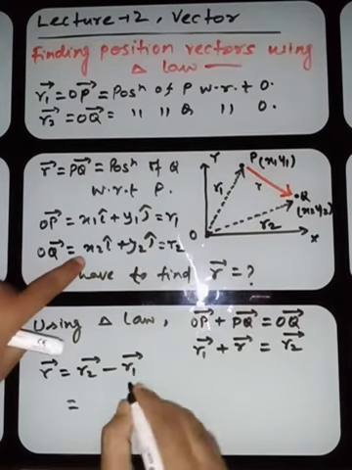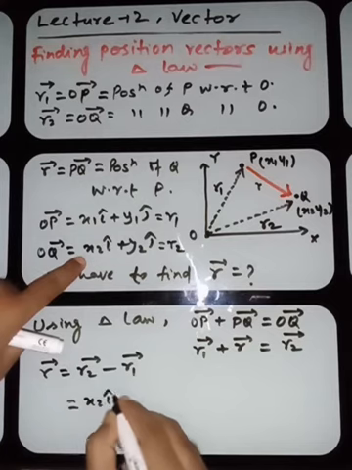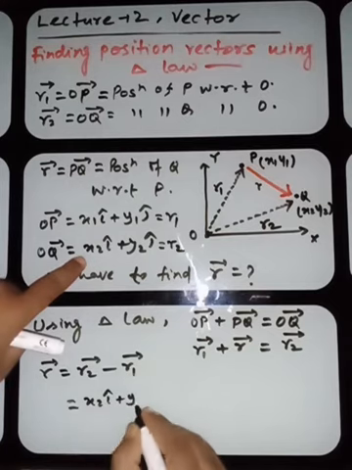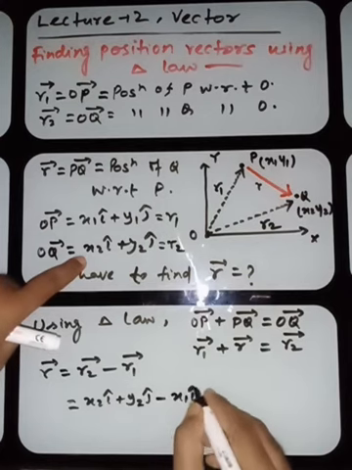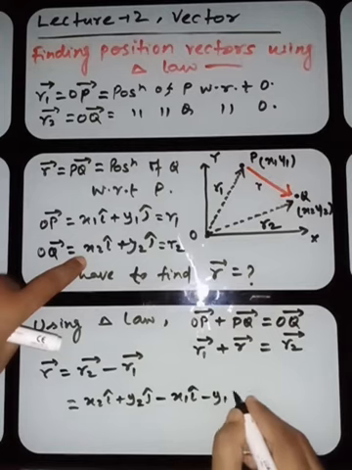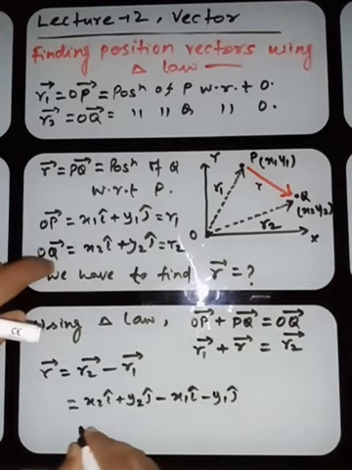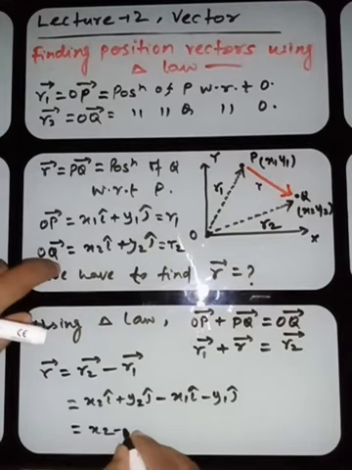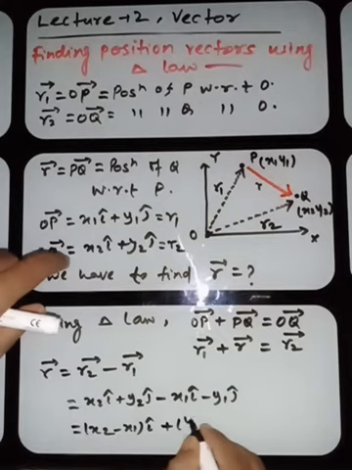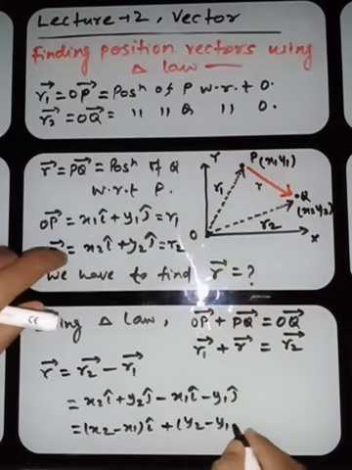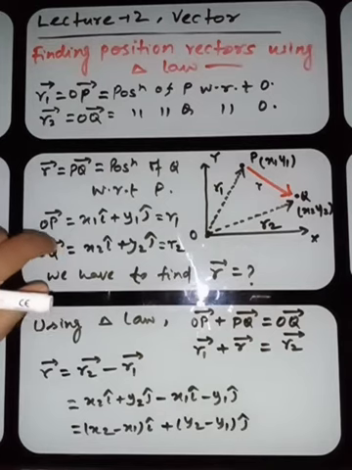So R2 is x2i plus y2j, minus R1, which is x1i plus y1j. So what is the answer? It is (x2 minus x1)i plus (y2 minus y1)j. And this is R.